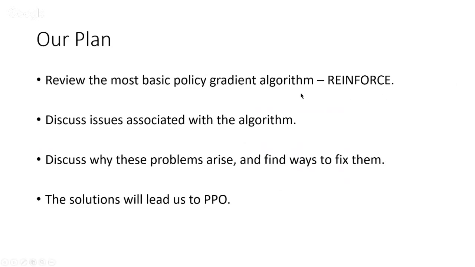We'll first quickly review reinforce. Then we'll discuss the problems with the algorithm. Then we'll discuss why these problems arise and how to fix them, and that will lead us to PPO. So that's the plan.